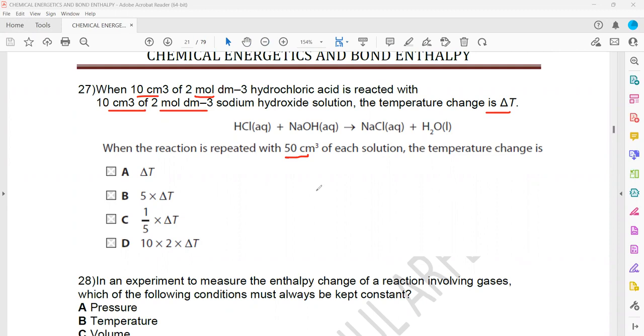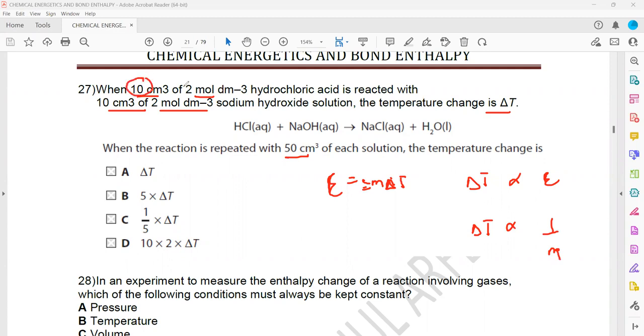Look, remember the energy change E is equal to Cm delta T. That is a formula where specific heat is a constant. So temperature change is directly proportional to the number of moles, energy released, and temperature change is inversely proportional to the mass or the volume of the solution.